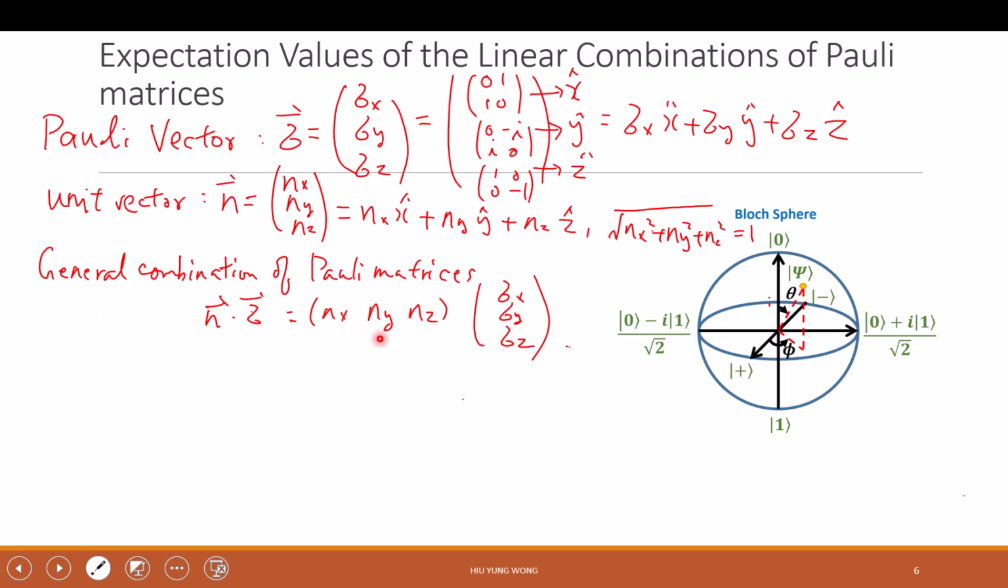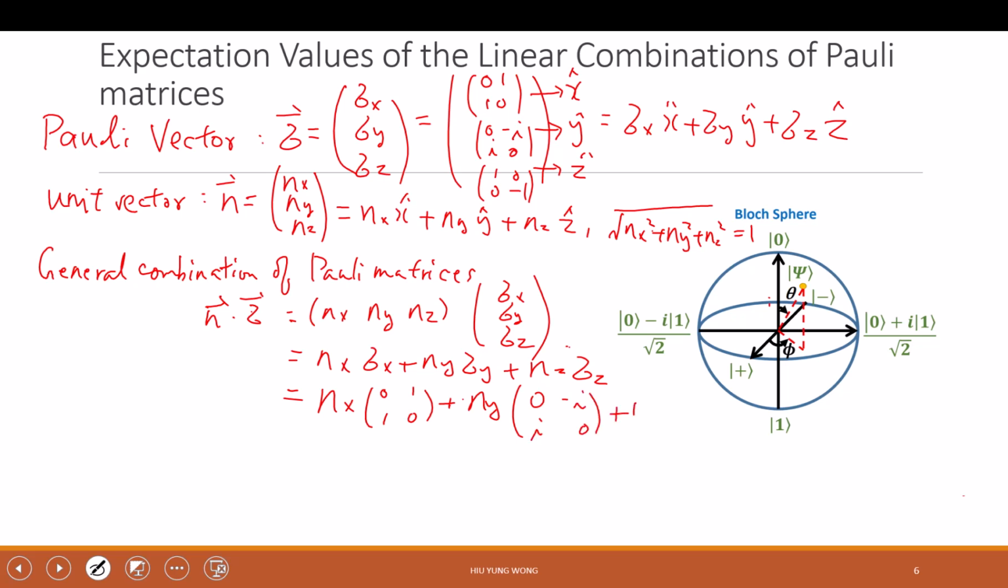Right? Are you okay with what I'm writing here? It's just a regular 3D vector, except this guy is a matrix inside. So that's it. This is equal to nx sigma x plus ny sigma y plus nz sigma z. And then you just go to the matrix form. This is 0, 1, 1, 0 plus ny 0, negative i, i, 0 plus nz 1, 0, 0, negative 1.